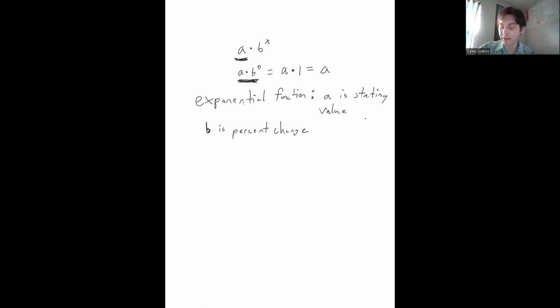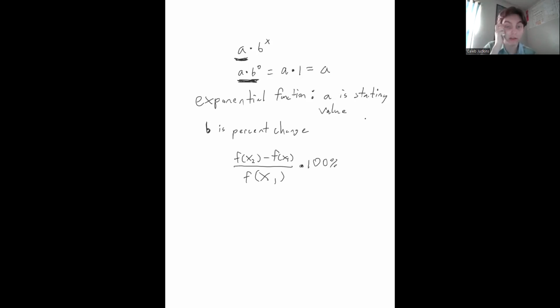We may write percent change, it's often given as f of x2 minus f of x1 over f of x1, I'm sorry, f of x1 at the bottom. And that would be the decimal form. So we make it a percent by, as always, just multiplying by 100%, right? Moving the decimal 2 places over and adding a percent sign.